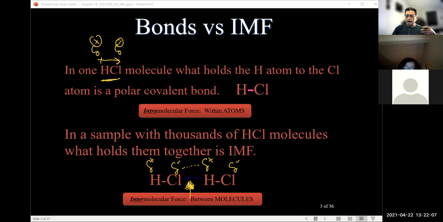And so dipole compounds will always have some type of fairly strong interaction as compared to nonpolar. Nonpolars will have one, we'll talk about that in a second, but not as strong as a polar covalent compound like HCl, because it has a permanent dipole.